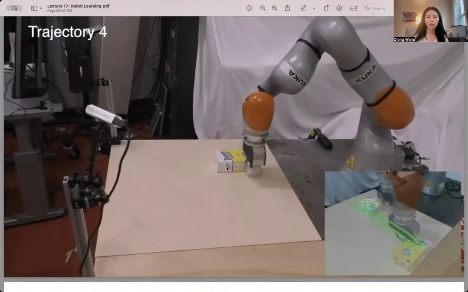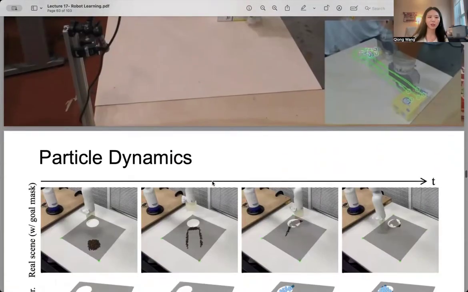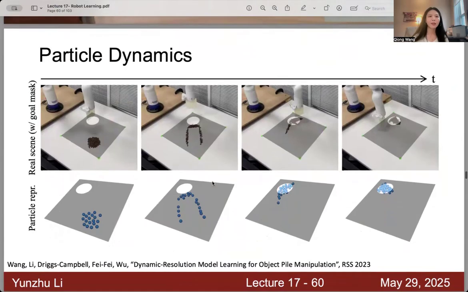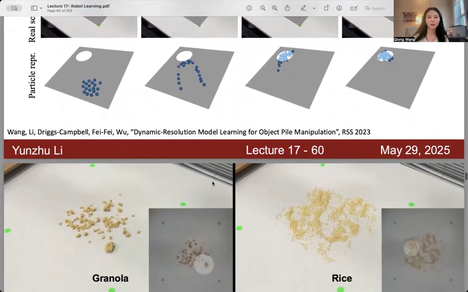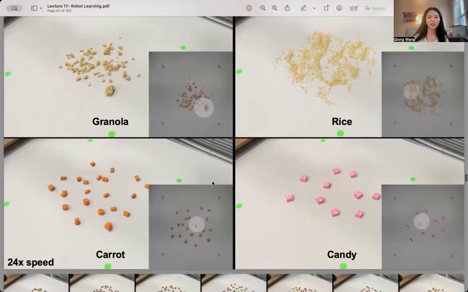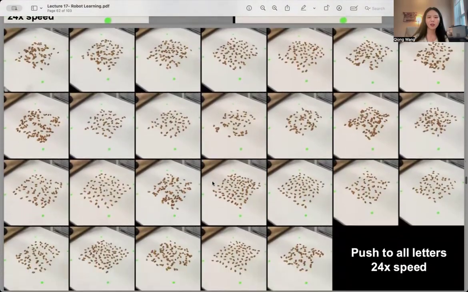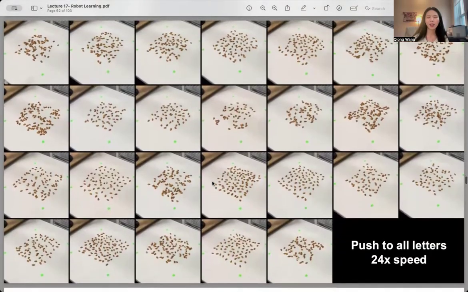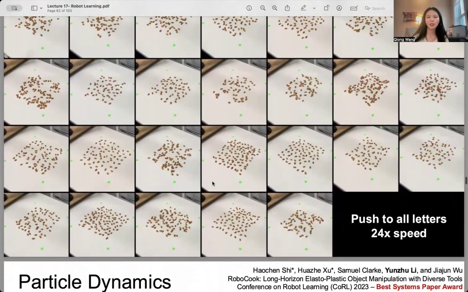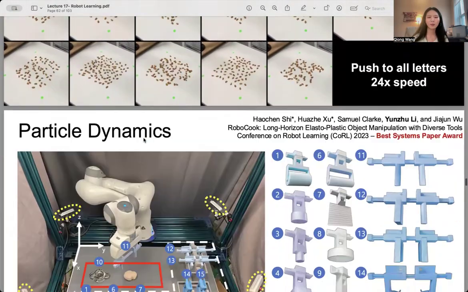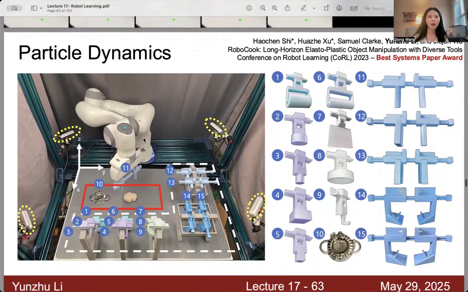We can move the object just by controlling the key points of it. And this is particle dynamics. And this is another example, and also another example, where we can push all the letters in there. This is particle dynamics.